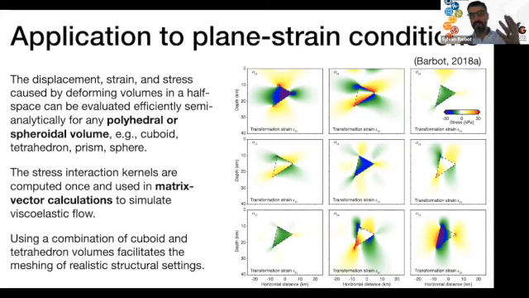And that will induce stresses in the same stress component, but also the two others in plane strain. So we have these 3 by 3 strain rate to stress interaction matrices to take into account. So we can calculate the stress interaction efficiently with closed form solutions that represent the effect of deforming volume elements, whether they are rectangular or triangular. And the result is a very efficient method for time stepping.